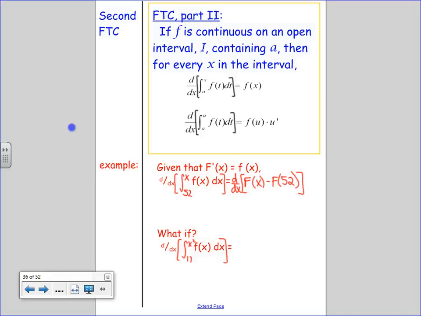If I take the derivative of, isn't that f prime of x? If I'm plugging a number into a function, what am I getting out? A number. What's the derivative of any number? Gone. Who is f prime? That's why. But what if it was 17 to x, or 0 to x, or negative 100 to x, or 1 million to x? I don't care. His answer, when you take the derivative, is f of x.